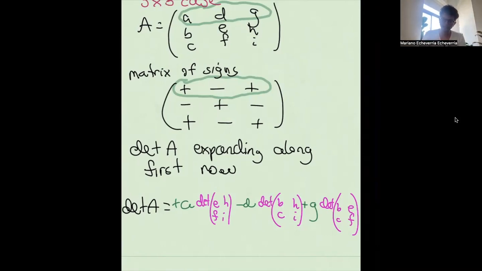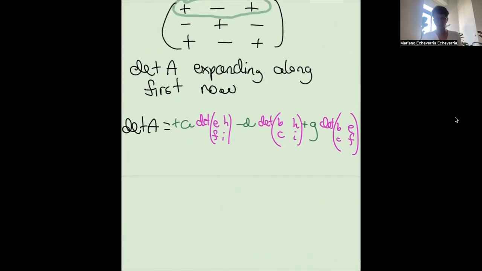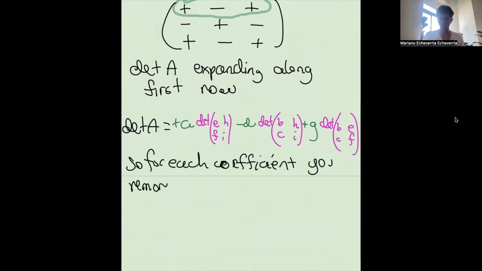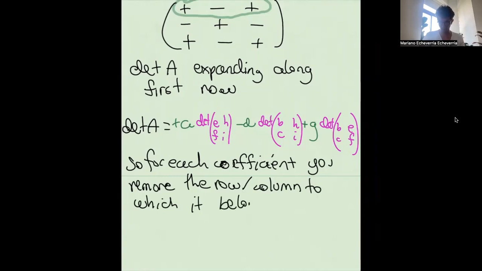So basically, the idea is that you extract the coefficients with the corresponding signs, and then you multiply each coefficient by the determinant of the 2x2 matrix that you get by deleting the row and column to which they belong. So for each coefficient, you remove the row and column to which it belongs and compute the determinant of that.